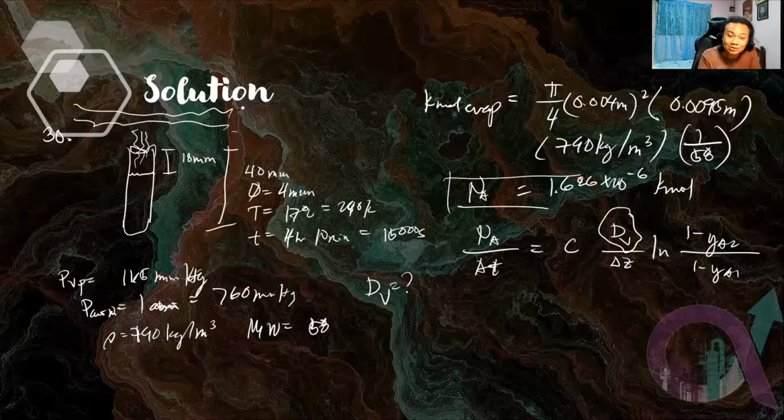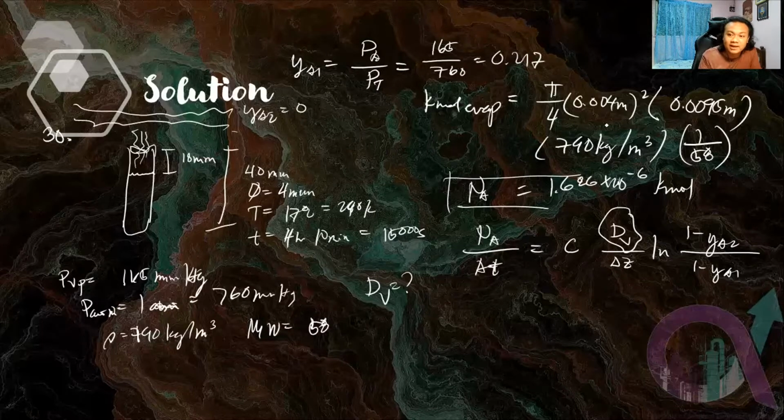So YA2 is essentially 0, but YA1 is just PA over PT. So using Raoult's law, we can use that. PA is the partial pressure, or we can use the vapor pressure, 165 over 760. That's 0.217.